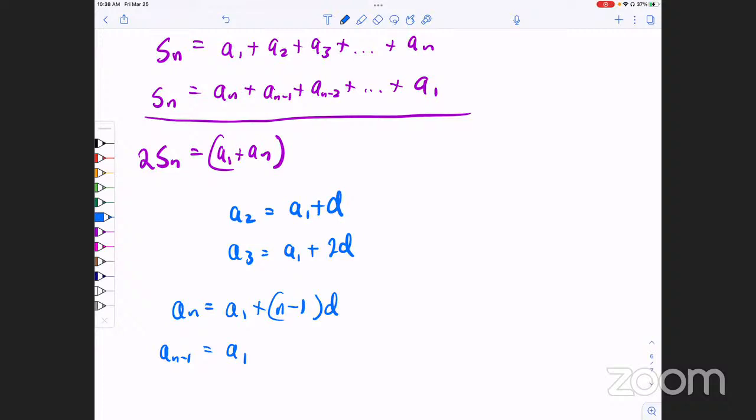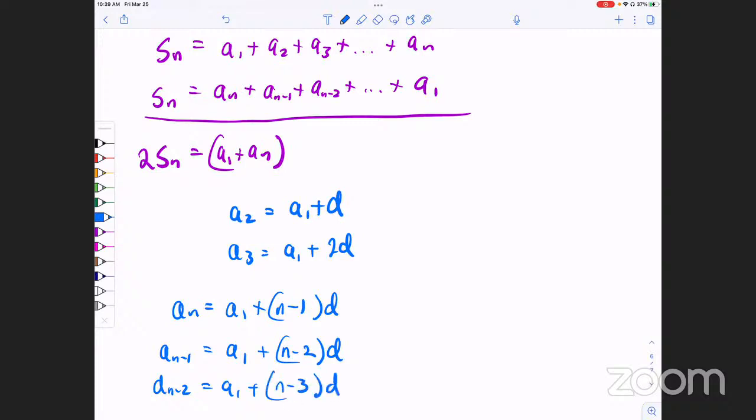I guess we can keep going. If we keep going, an minus 1 is going to be a1 plus n minus 2 times d. Let's do the next one. an minus 2 is going to be a1 plus n minus 3 times d.